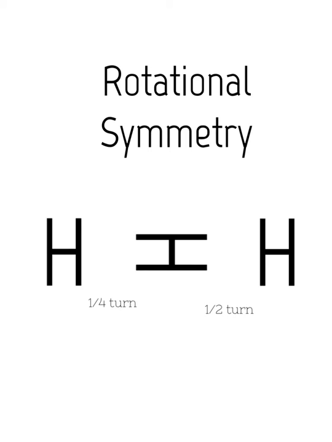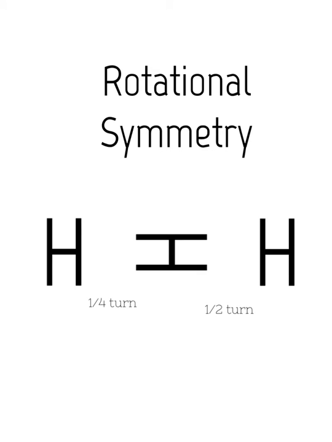All right, the next type of symmetry is called rotational symmetry. You probably remember these words from transforming figures: translating them, reflecting them, rotating them. So here we have rotational symmetry. Rotational symmetry means that if you take a letter or an image or an object and you rotate it, and once it is rotated, it matches its original position, then it has rotational symmetry.